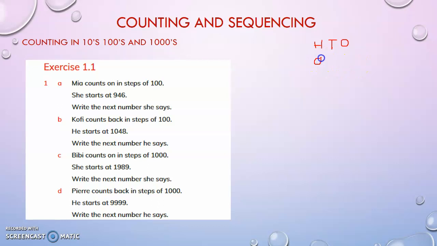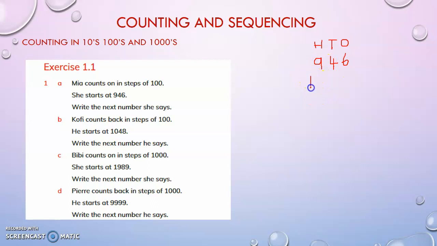She starts at 946. Write the next number, she says. So 946, she counts in steps of 100. Plus 100 is here. Counts on. So it is moving. The next number is higher than the number.